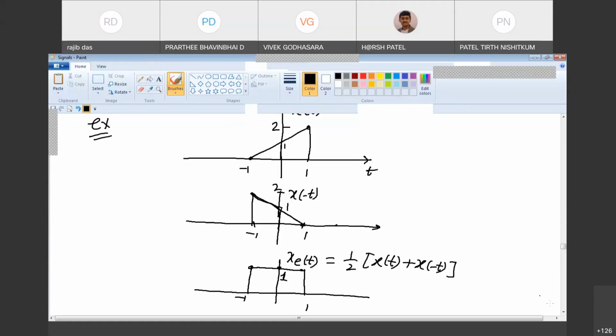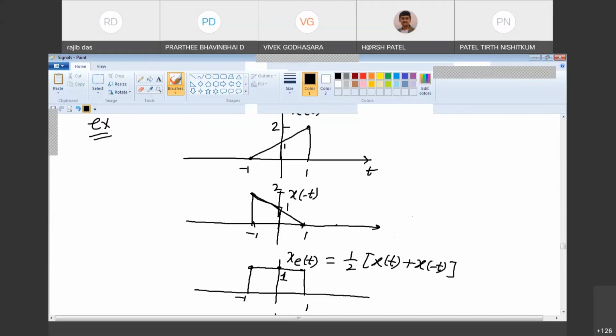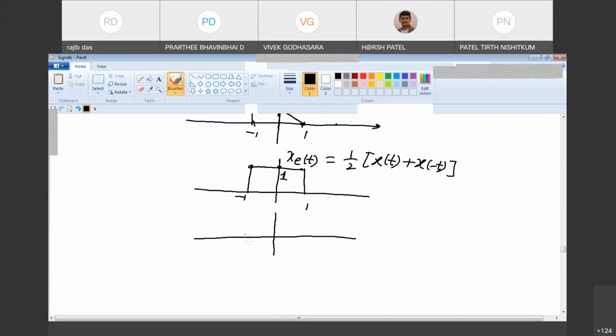Okay. Now, what is the corresponding odd signal? Odd part. So we need to subtract x(-t) from x(t). At -1, it is 0, and we need to subtract 2 at this point. So the resulting value will be 0 minus 2, which is -2.